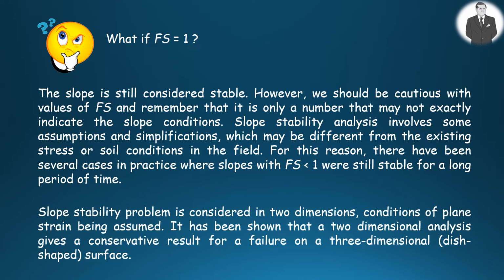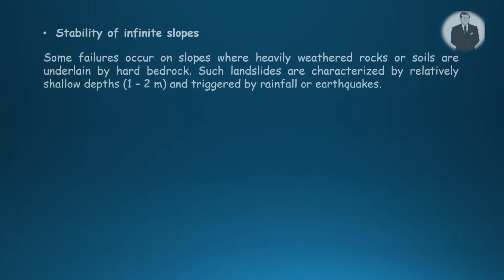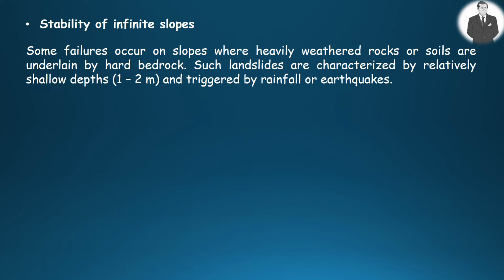Slope stability problem in general is considered two-dimensional, conditions of plane strain being assumed. It has been shown that a two-dimensional analysis provides a conservative result for a three-dimensional analysis. Some failures happen on slopes where heavily weathered rocks or soils are underlain by a hard layer.